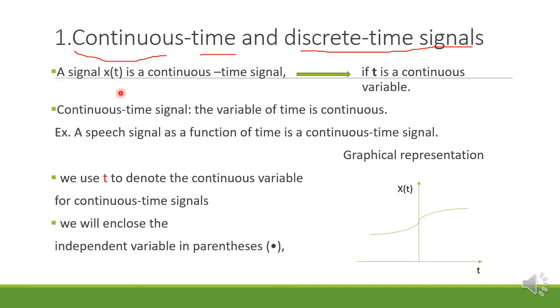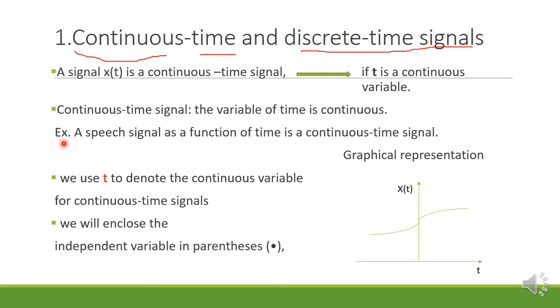So usually x of t represents a signal. If x of t is a continuous time signal, then t should be a continuous variable. If t is a continuous variable, then the signal x of t is called a continuous time signal.